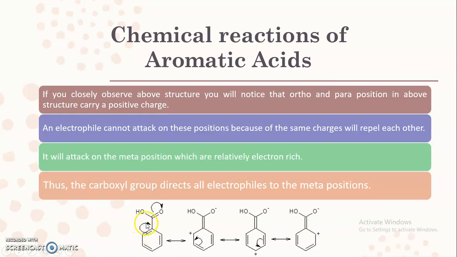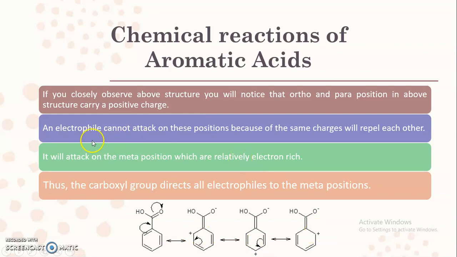So these pi electrons are shifted to this carbon atom, which leads to the formation of the double bond, and as electrons of this carbon atom are shifted, a positive charge forms over here. So in these resonating structures you can observe that the positive charge appears at the ortho position as well as the para position.